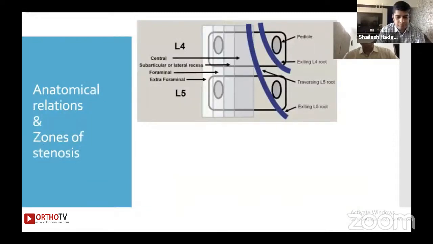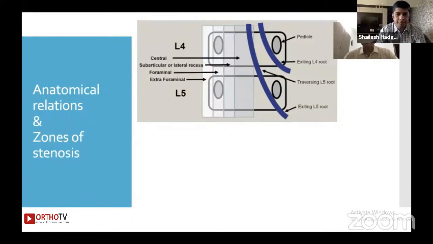The most important concept is regarding the exiting nerve root or the traversing nerve root. So if we take a look at the L4-5 disc, the nerve root that traverses through and exits at the level below the L4-5 disc space would be the traversing nerve root, which would be the L5 in this case.